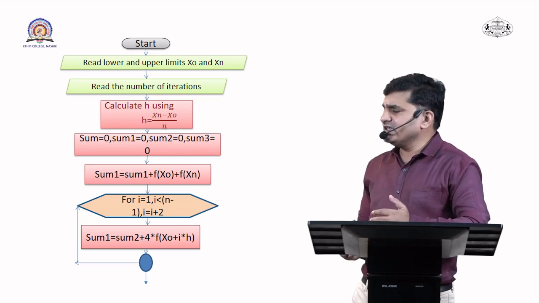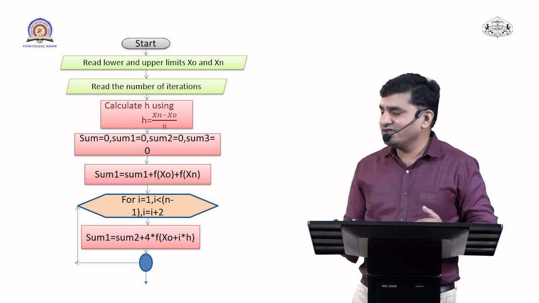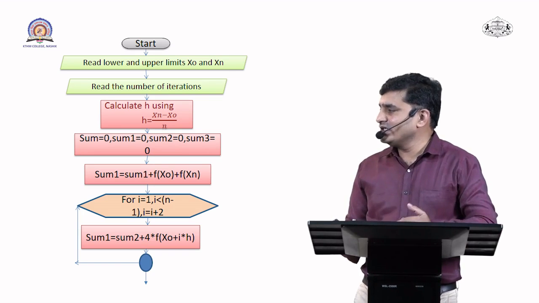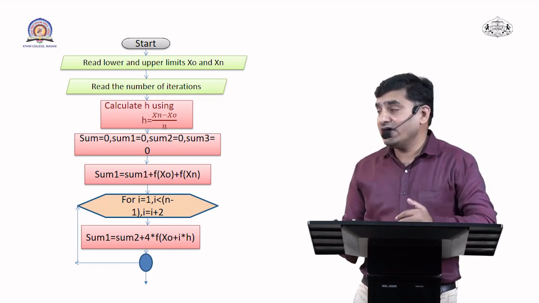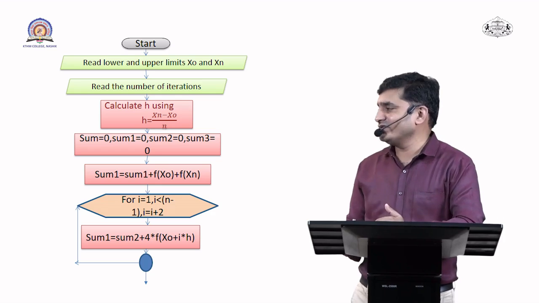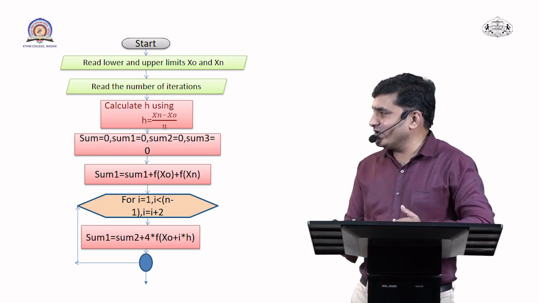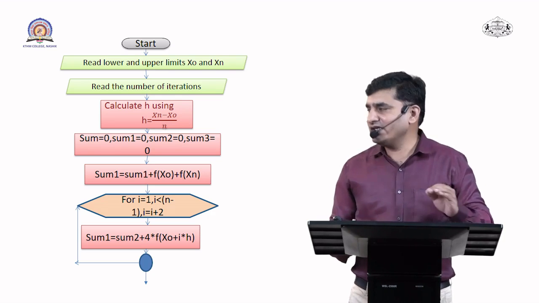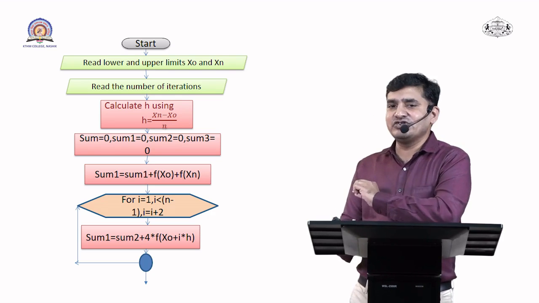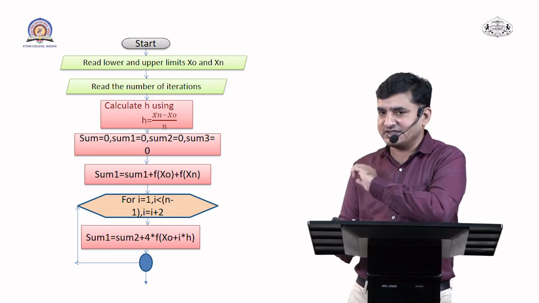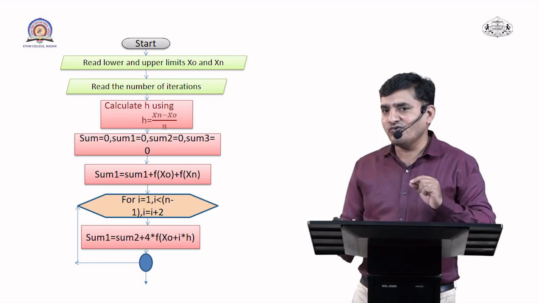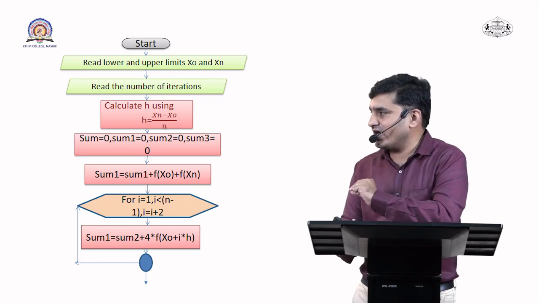Then consider sum is equal to 0, sum 1 is equal to 0, sum 2 is equal to 0, and sum 3 is also equal to 0. Then sum 1 is equal to sum 1 plus f of x0 plus f of xn, means y0 plus yn.